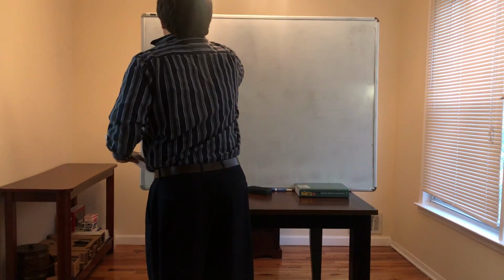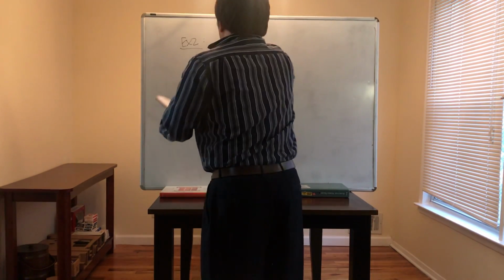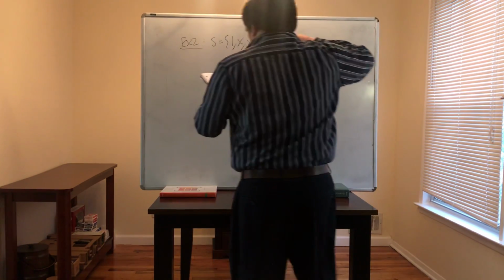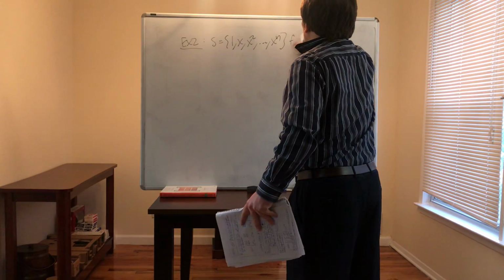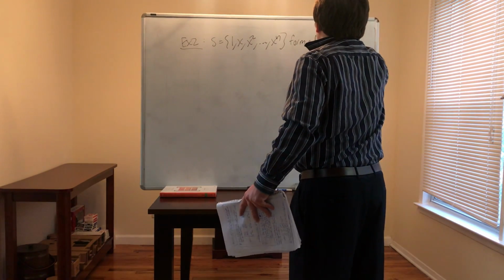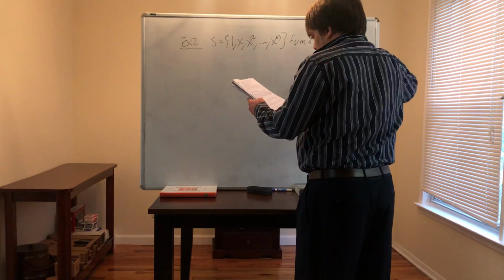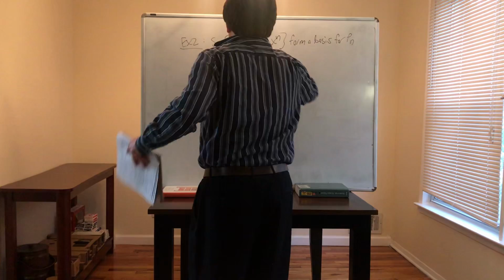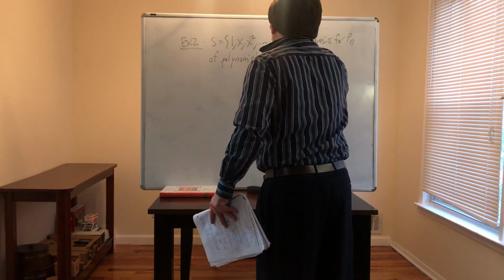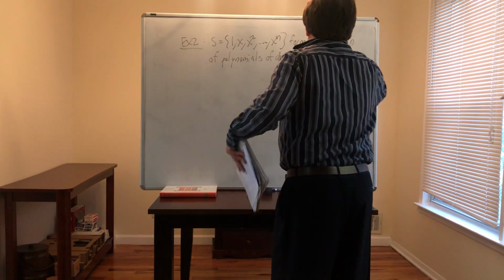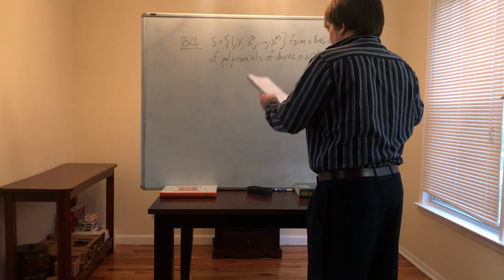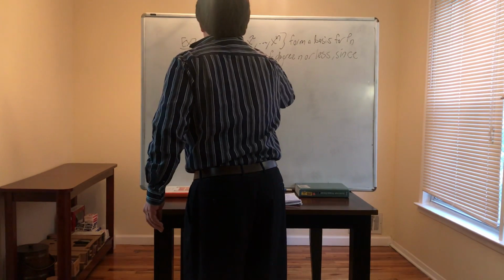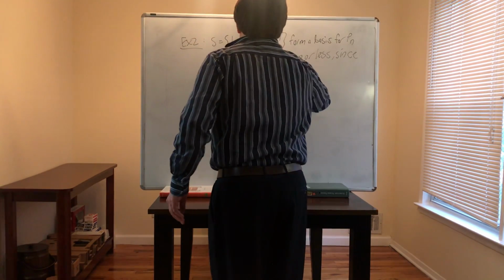Example 2. Okay, the set S, which is the set 1, x, x squared, up to including x to the n, forms a basis for P sub n, the polynomials of degree n or less, since capital S spans P sub n and is linearly independent.